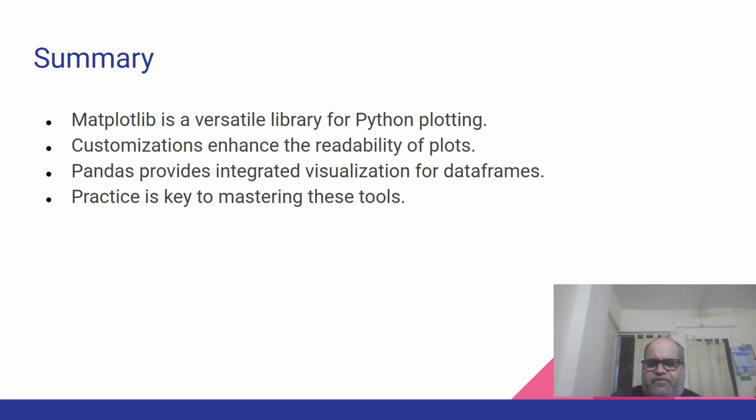Just as a summary, what we talked about is we introduced the different components of a Matplotlib diagram, where we talked about title, x label, y label, ticks, legends, grids, and several other components. Then we introduced the APIs for a variety of common charts, such as bar, histogram, pie, scatter plot, box plot, and several others.